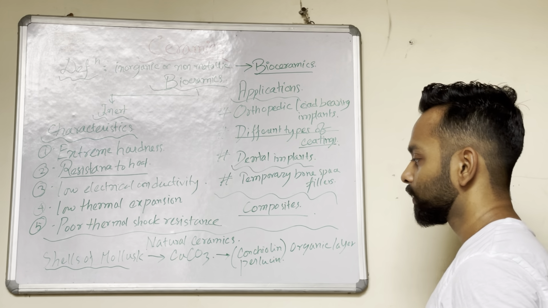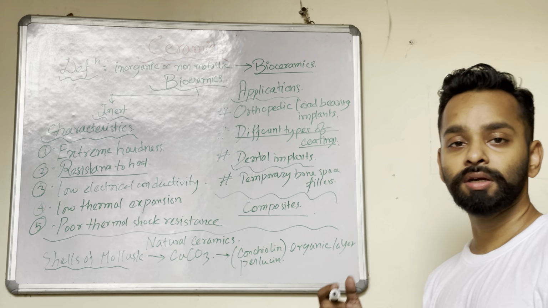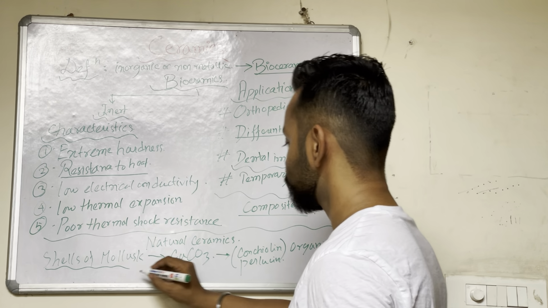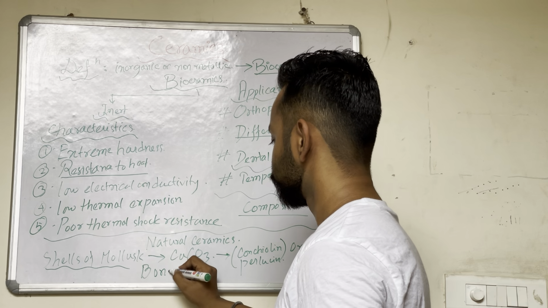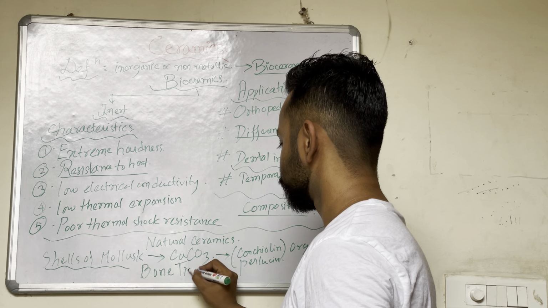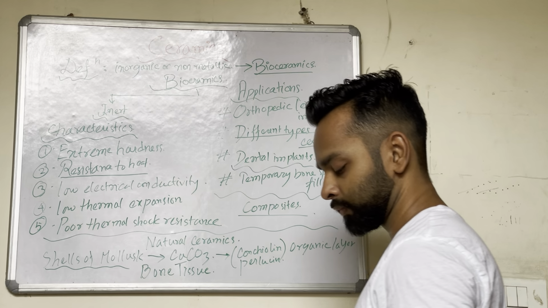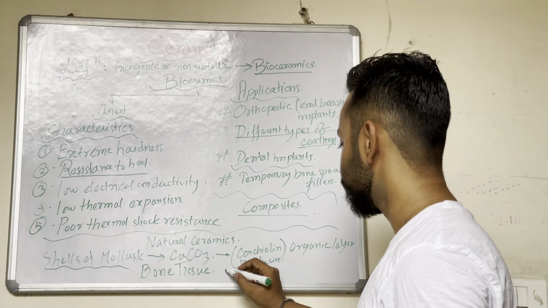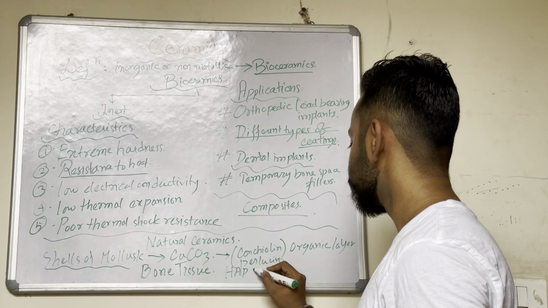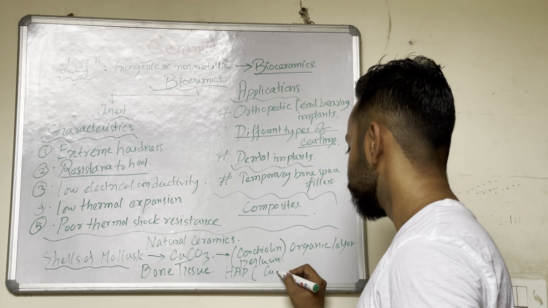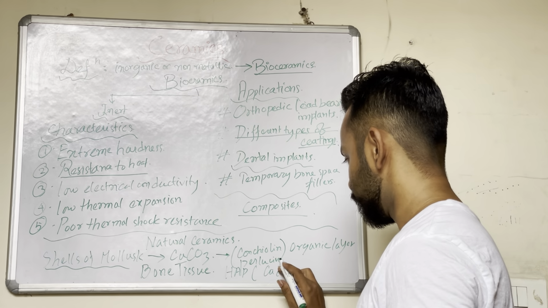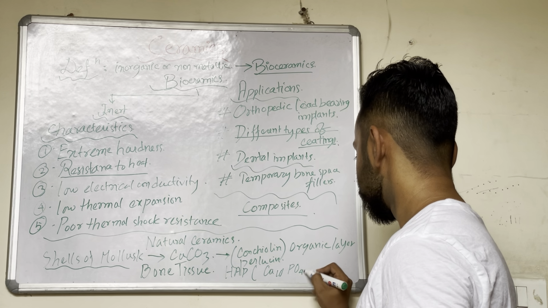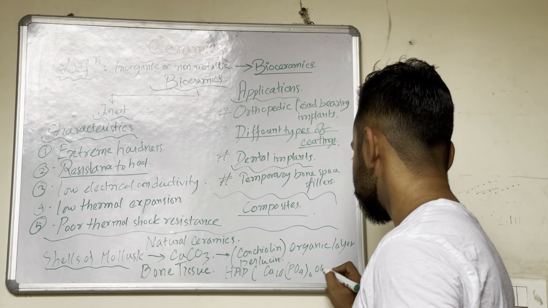And also, in our body, the most abundant reserve of ceramic materials is our bone tissue. So the second example is bone tissue. These are made up of calcium hydroxyapatite, HAP, which is Ca10(PO4)6(OH)2.